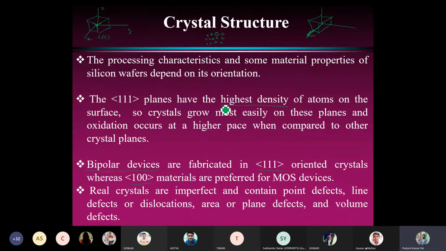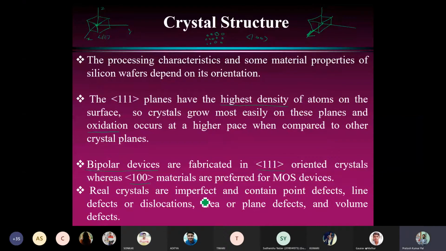Having a higher surface area means that while performing the oxidation process, it will occur at a greater rate. So the oxidation process will occur at a higher pace compared to other orientations. In other orientations, suppose the 100 orientation, there will be fewer atoms present, so less surface area, and the oxidation process will be slow.